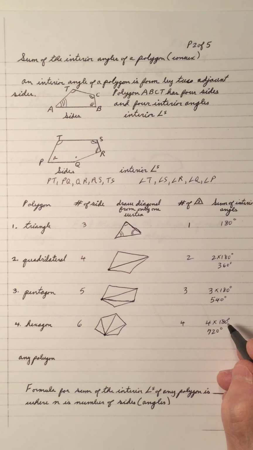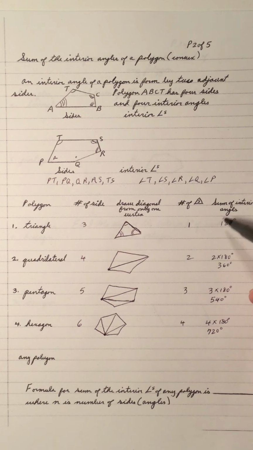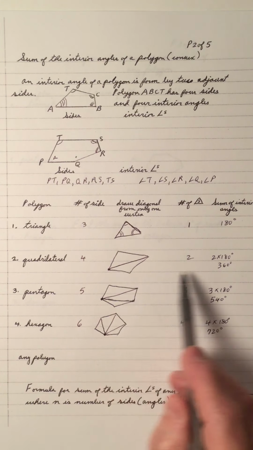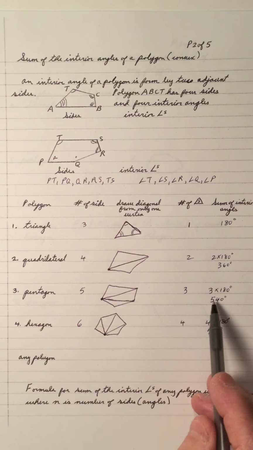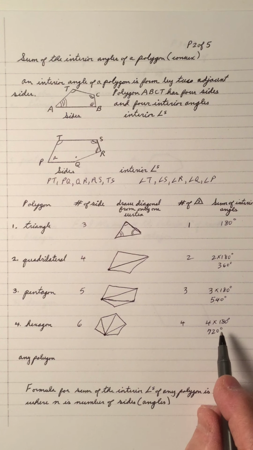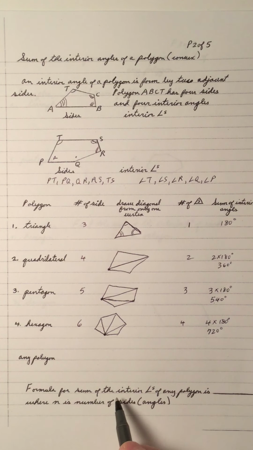Check it with your calculator. Notice this is the sum of the interior angles of a triangle, 180, quadrilateral, 360, pentagon, 540, hexagon, 720. Now, what happens for any polygon? Well, there's a formula.